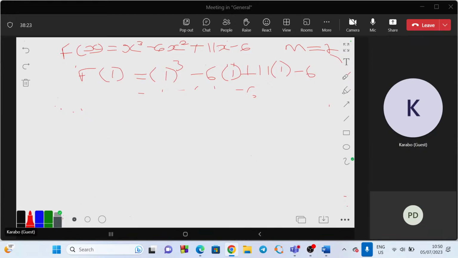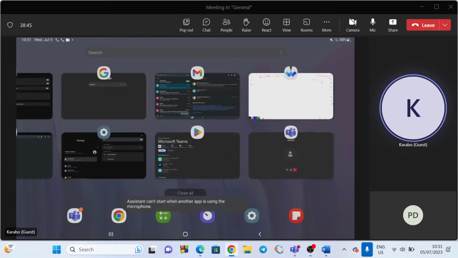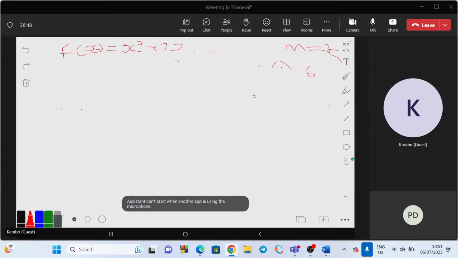So try when you have x cubed minus 7x and then minus 6, when x equals 1.